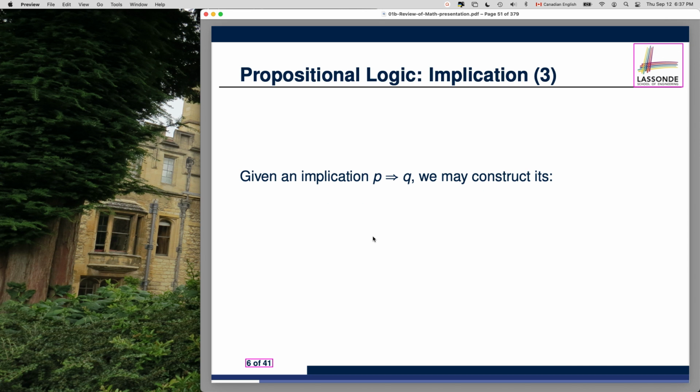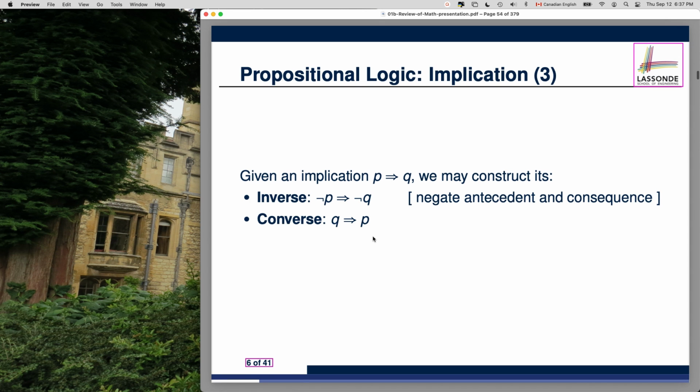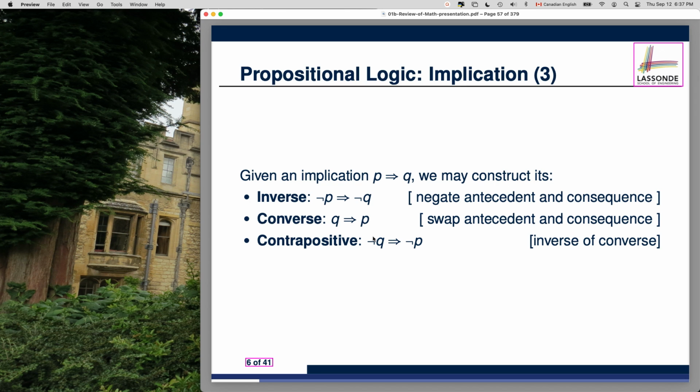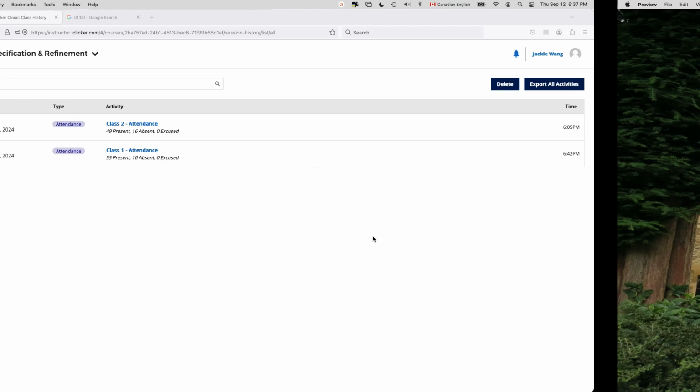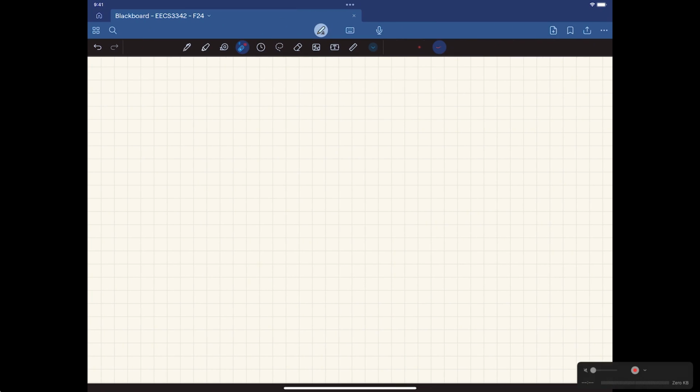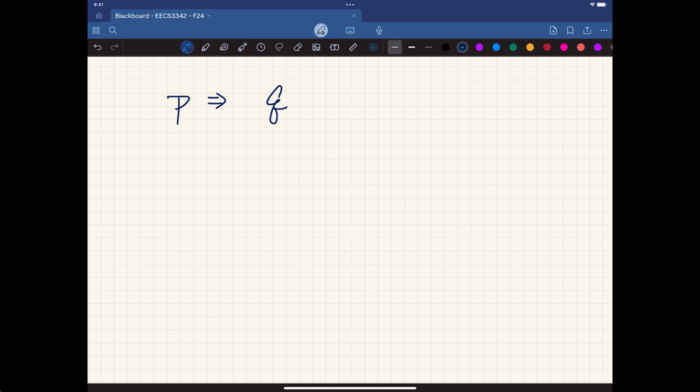We just got some more terms over here. Inverse, converse, and contrapositive, right? Just very quickly. So this might be something you have seen before. Let's remind ourselves quickly. Let's say I have some implication here, P implies Q. If I want to get the inverse of this, I basically just add negation to both sides.